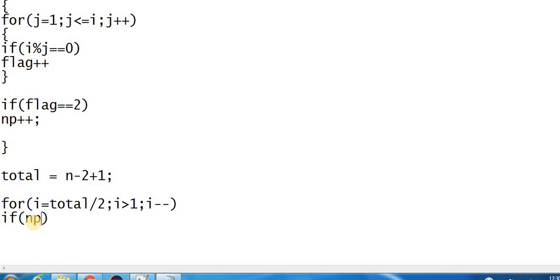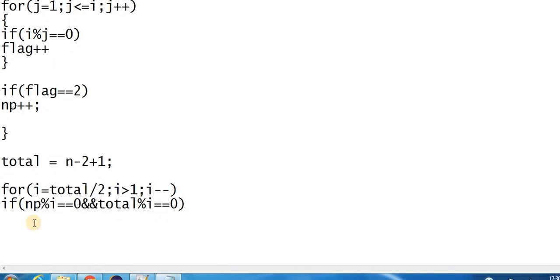So if NP modulo i equal to 0 and total modulo i equal to 0, which means that i can divide both the number of primes and total, so it's a common factor for both. Then we need to divide both the numbers by i.